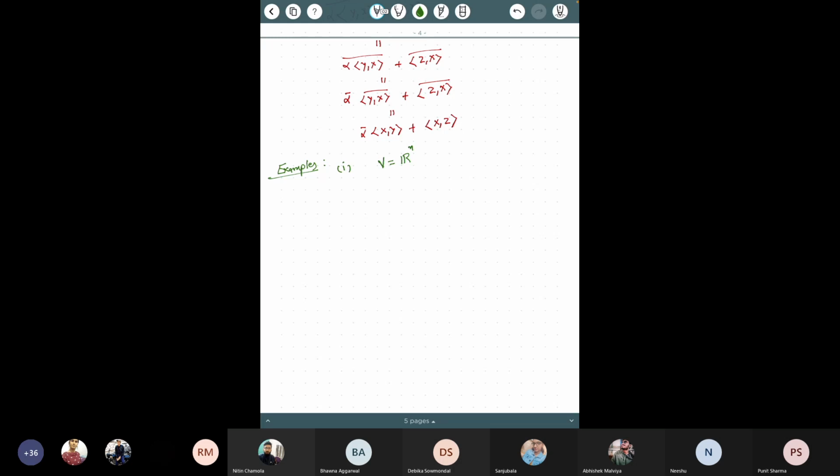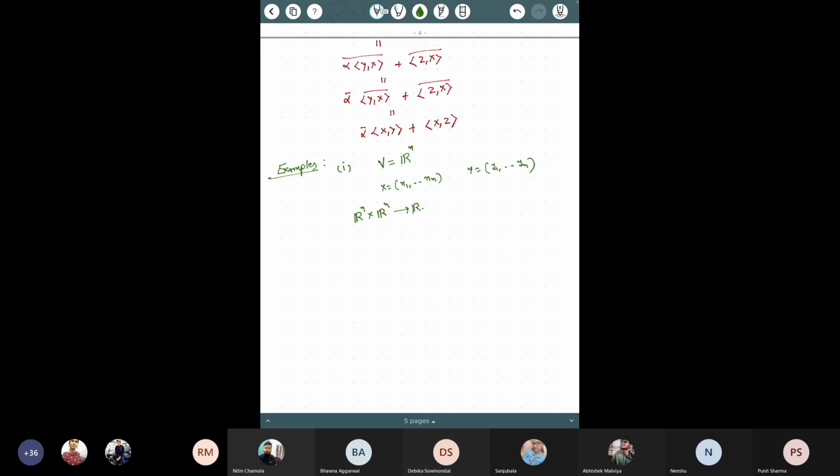So if I take any two vectors, you can take these, and then you need to map them by a function, Rn cross Rn to R. Any function that satisfies these four properties would be an inner product.